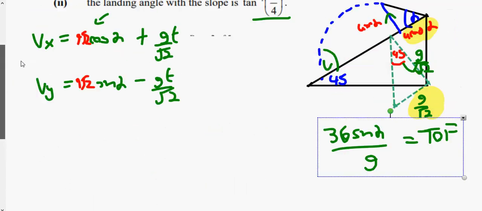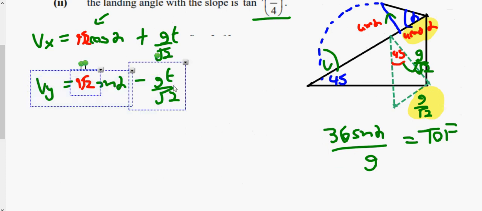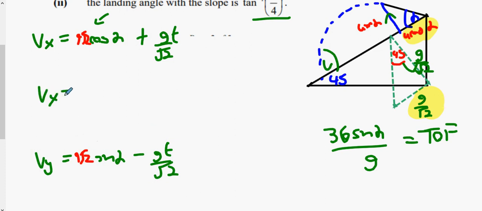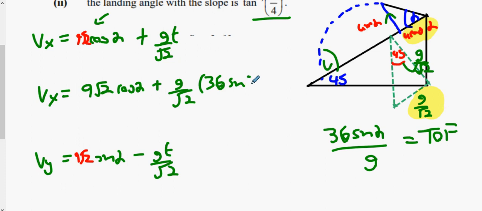Okay? So let's do this now. Alright. Vx is 9 root 2 cos alpha plus gt. So g over root 2 times 36 sine alpha all over g. Vx is 9 root 2 cos alpha plus, what's that? 18 root 2, isn't it?